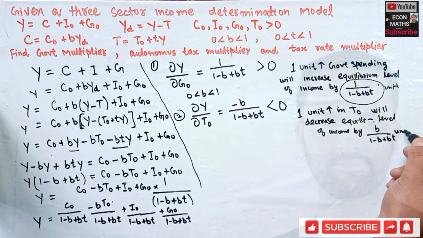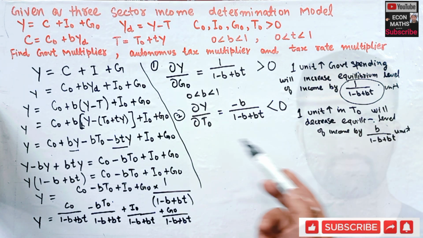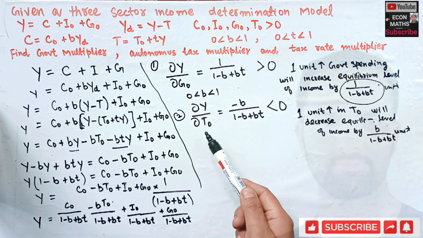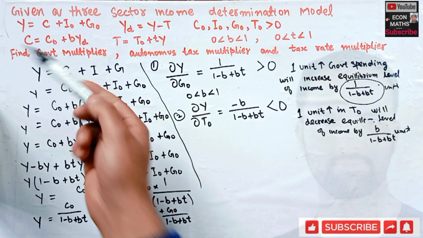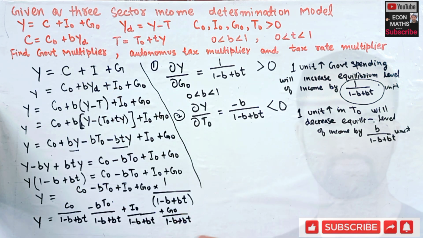So we have a negative relationship between a change in autonomous tax and a change in income. Now we are done with the first multiplier.